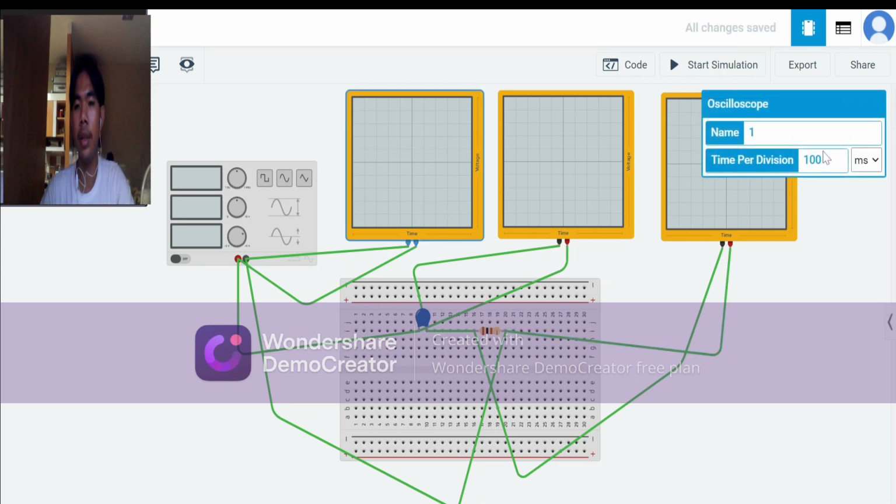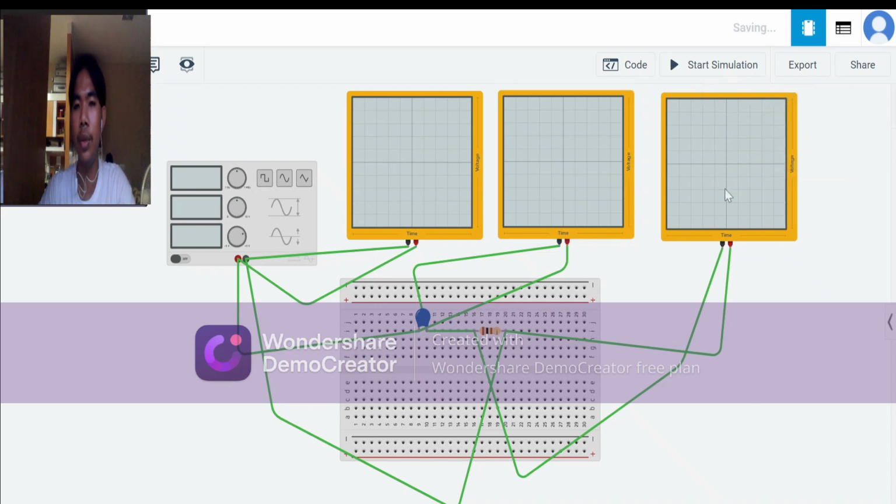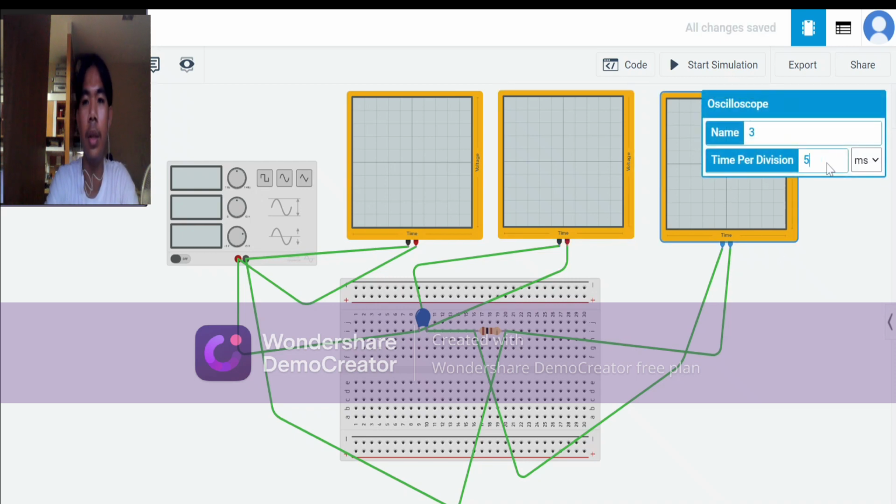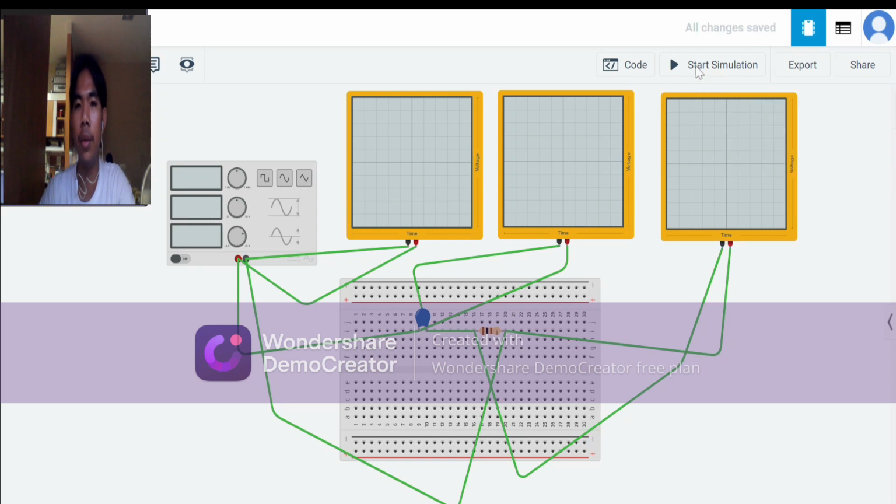And I adjust the time per division to be 5 millisecond in order for the oscilloscope to give a readable signal, and I start simulate.